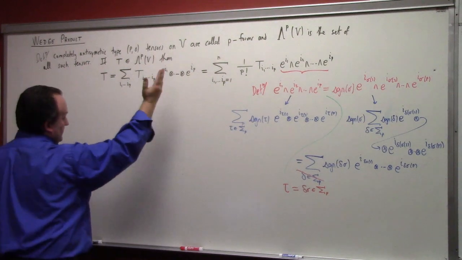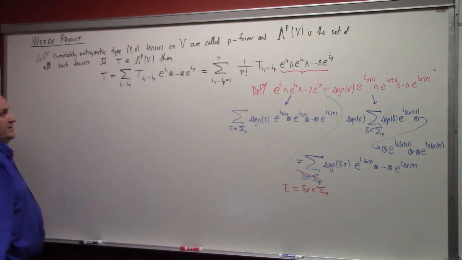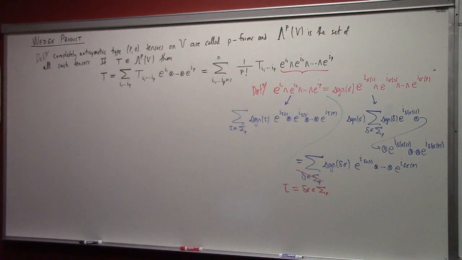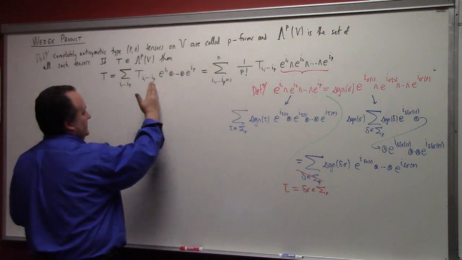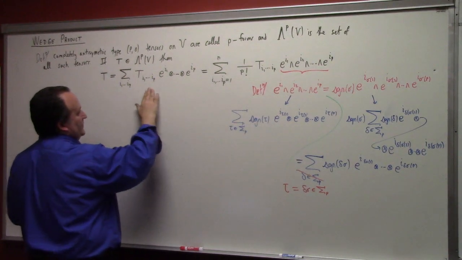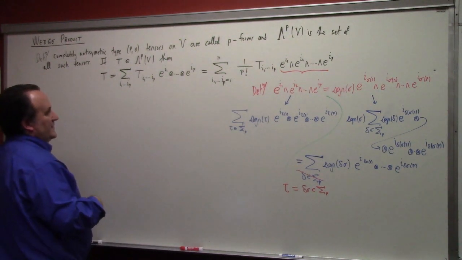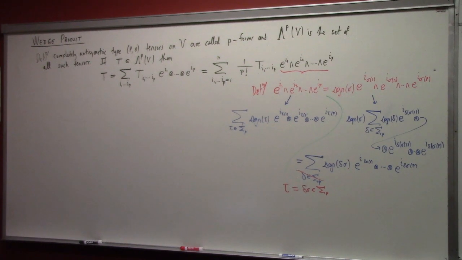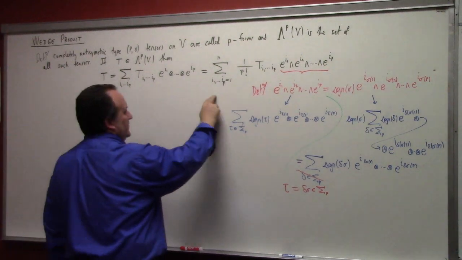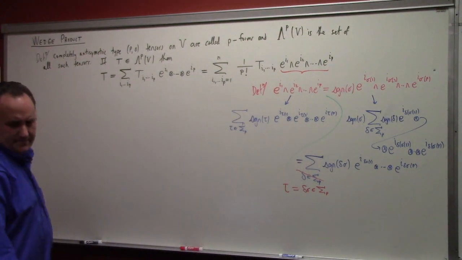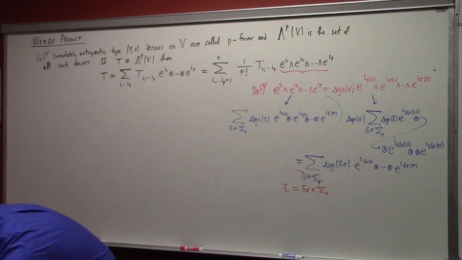Most of these terms are 0, because if it's completely antisymmetric, only the distinct index terms survive. You can rewrite this as a sum over... I lack the words. Goodness gracious. I mean, we proved this for 2 things. Let me see if I've got some wisdom in the notes that I have forgotten at the moment. I'm just missing something to say here.